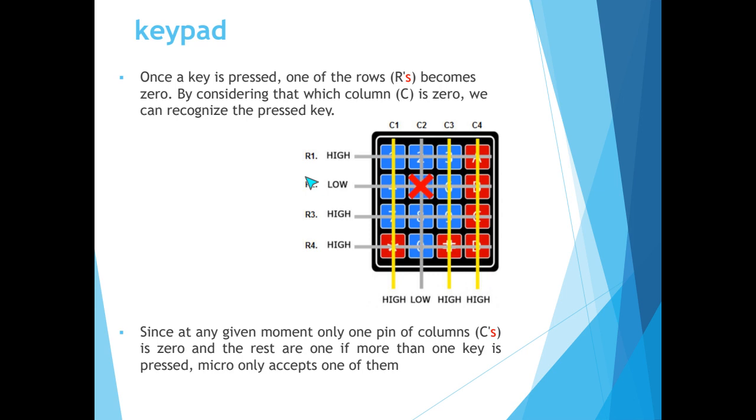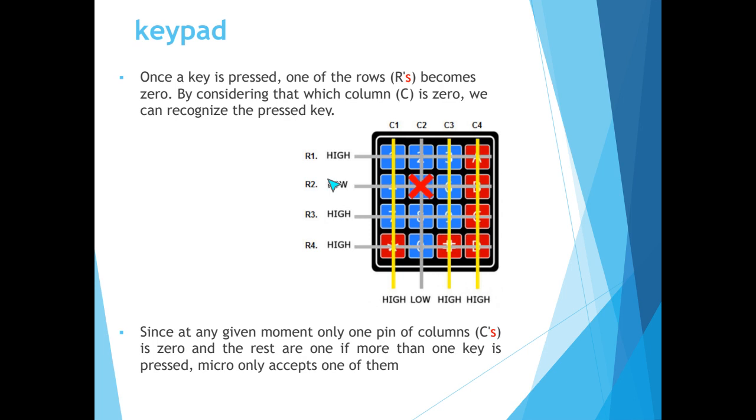Why? Because by considering which column is 0, we can recognize the pressed key, since at any given time the columns respectively become 0. So by pressing a key, the row and the column of that key, which at that moment is 0, cause the row related to it to become 0.